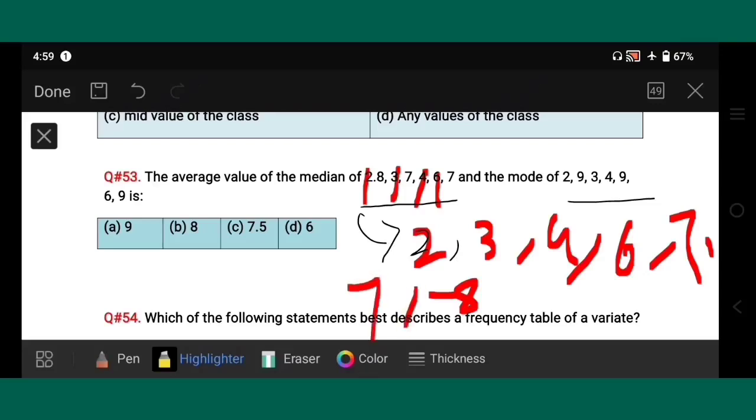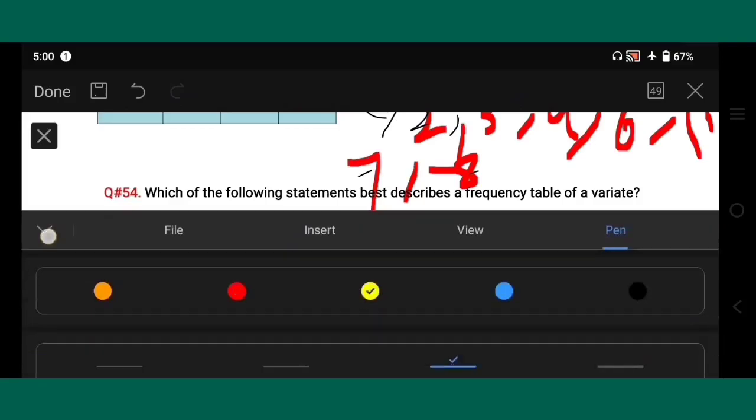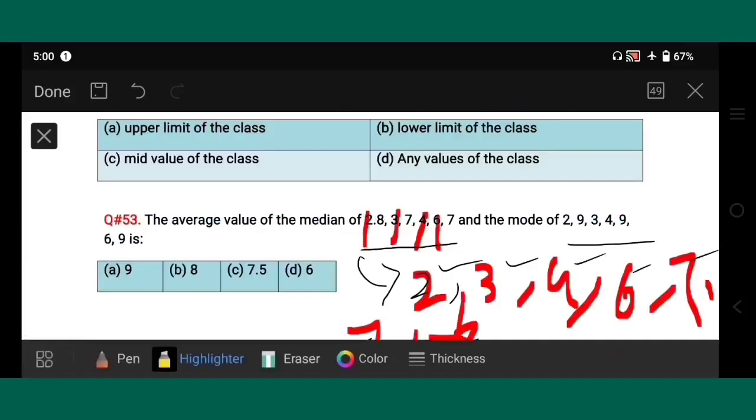2 times 7. So we have 1, 2, 3, 4, 5, 6, 7. So we have 7 number of values. So just change the color. So we have 7 values.